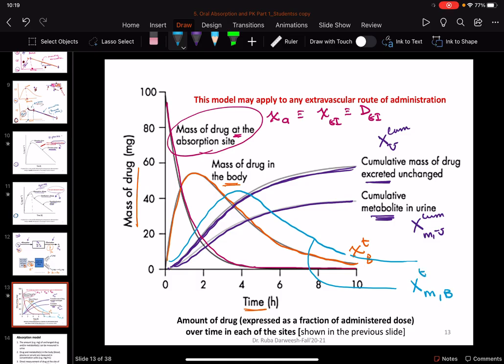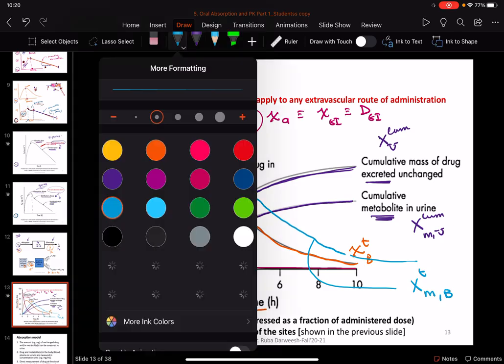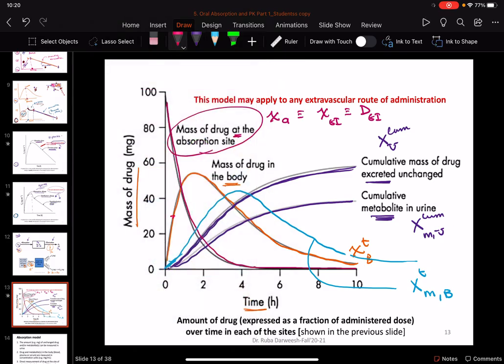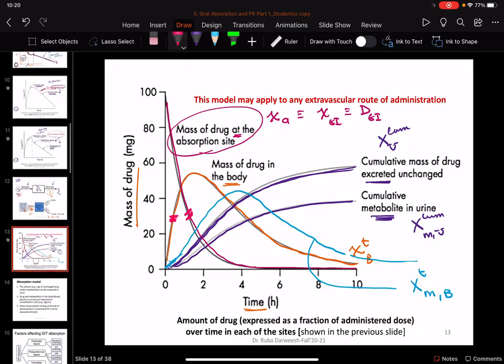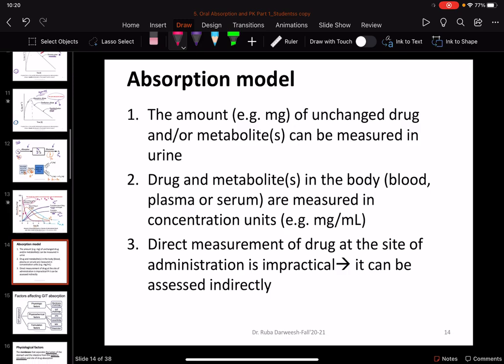Similar to the profiles that we explained before for the IV, but the difference is that whatever we have in the body is different in shape. We have this extra, but those are still behaving similarly because we are measuring it either in the urine or in the blood.